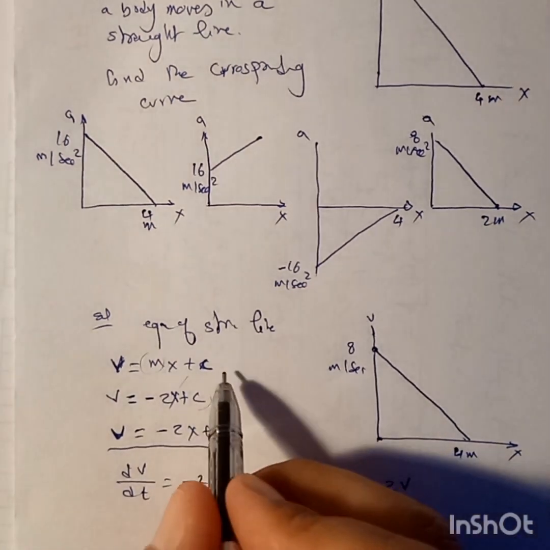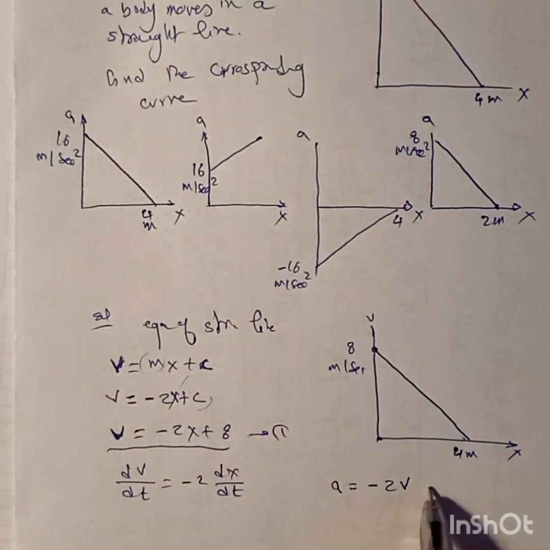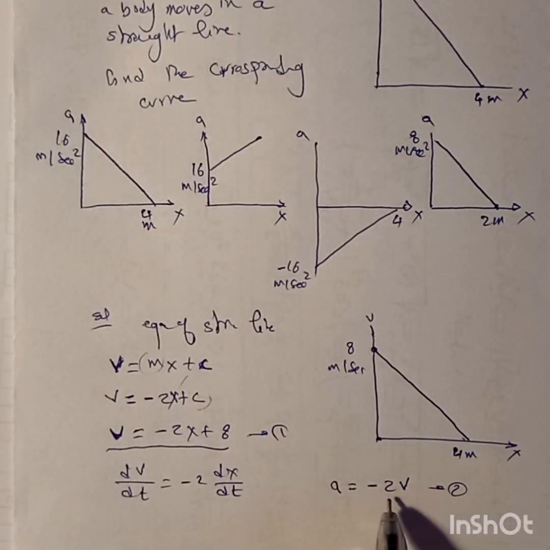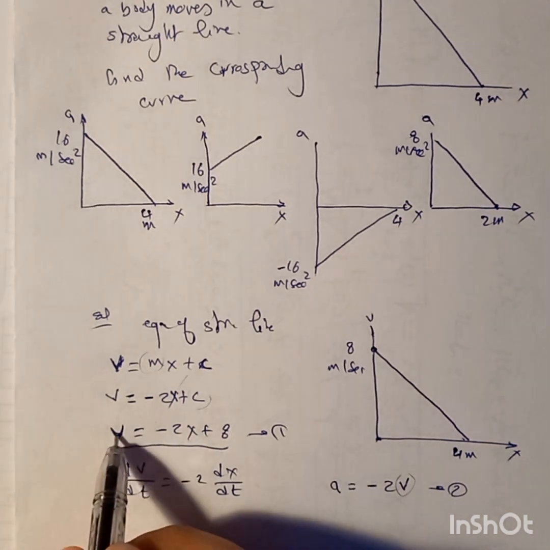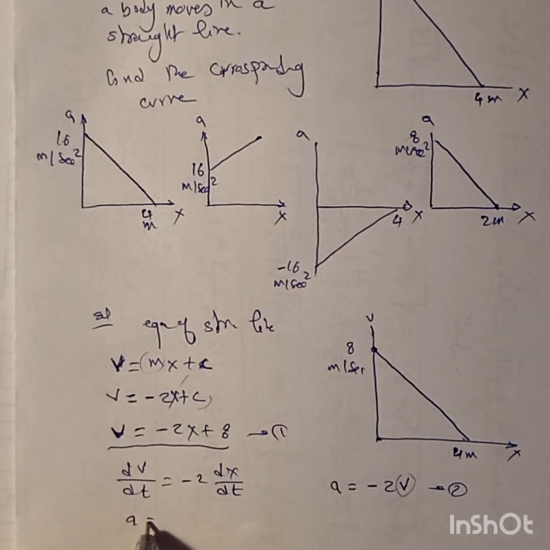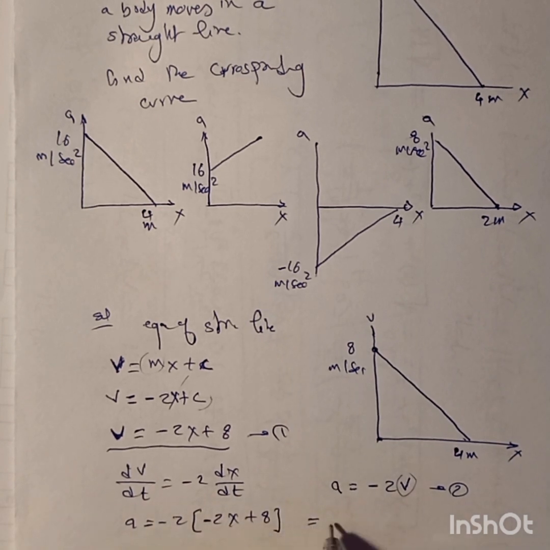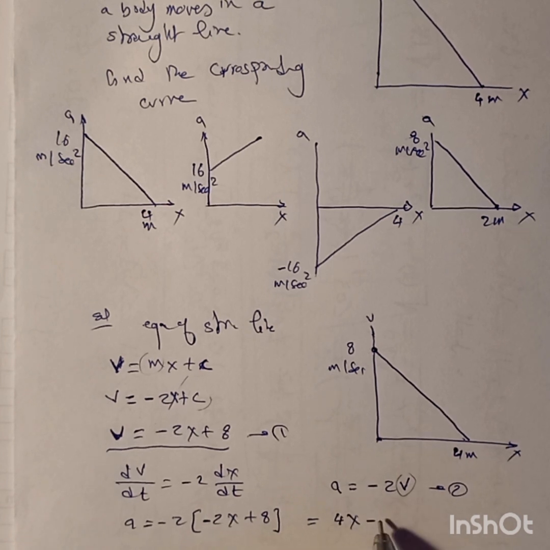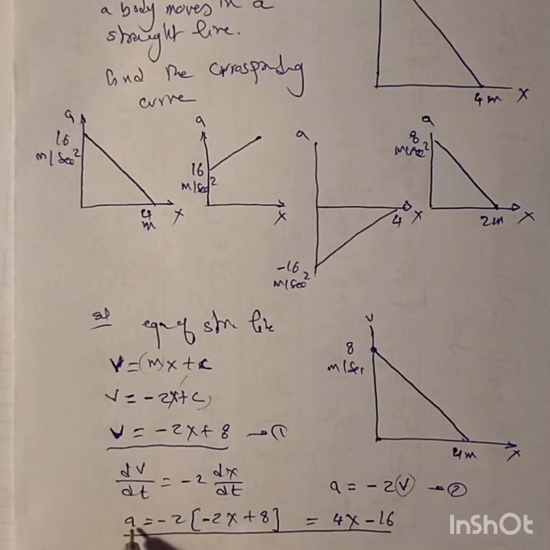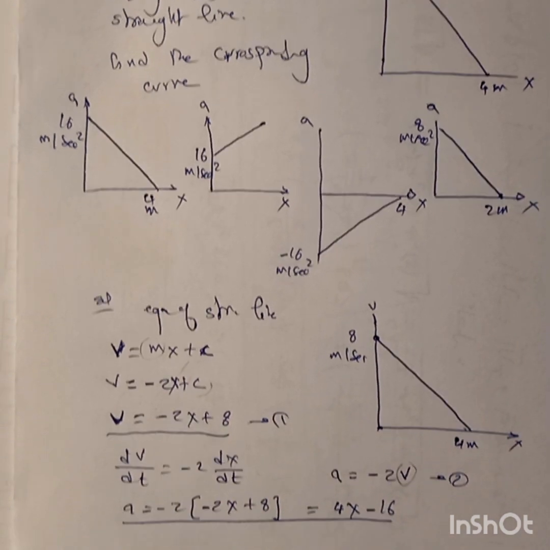This is equation number 1 and this is equation number 2. Here we can replace v by this equation, then a equals negative 2 times negative 2x plus 8, so a equals 4x minus 16. This is the relation of acceleration with respect to x.